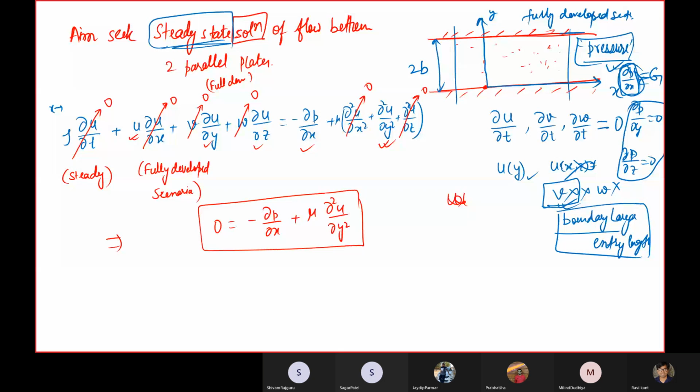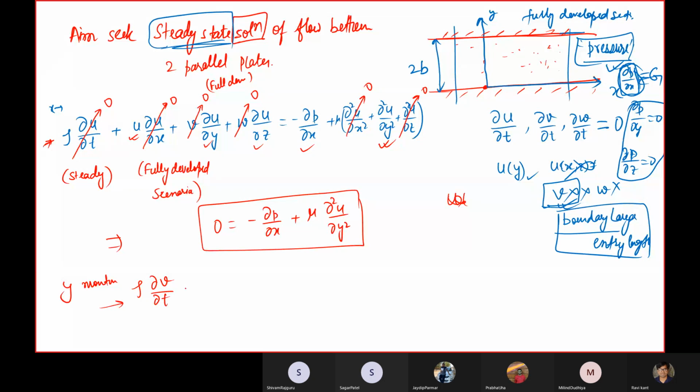One more equation we can think of is the y momentum equation as well, and let me write that also. Rho, so somebody tell me. You should have a good practice of writing the full Navier-Stokes equation all the time, because you will be needing it every now and then.